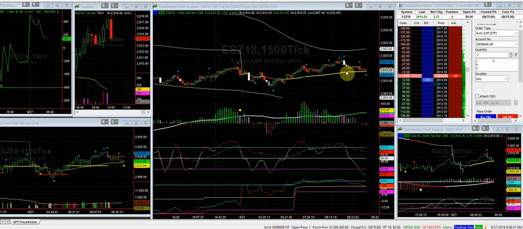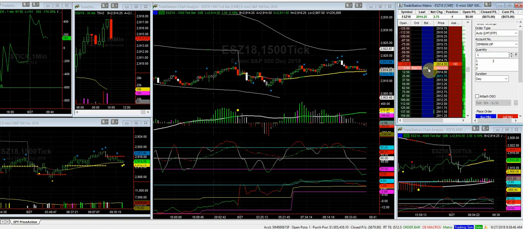Now we have a yellow VWAP, which means it's going to the upside, and we have a timing alert dot. So we place our buy order in right here.